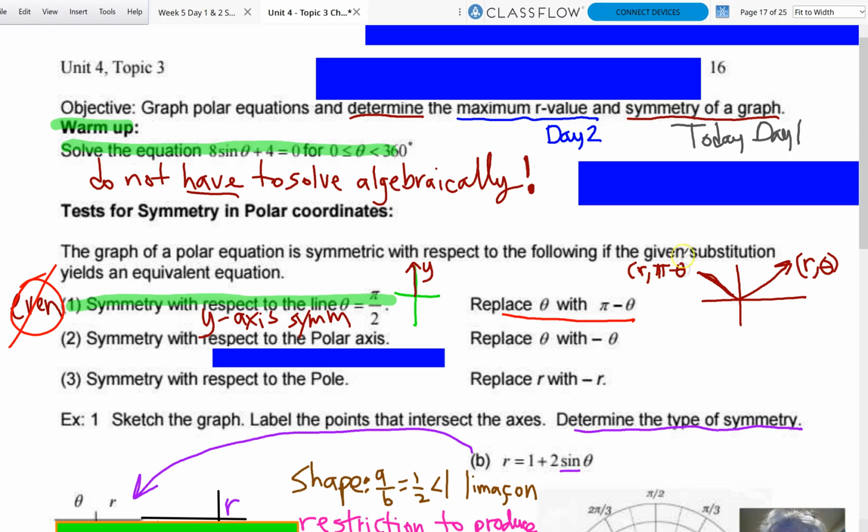Okay, think about when you did Ferris wheels so long ago. This point and this point are the same height. They are symmetrical over the y-axis.